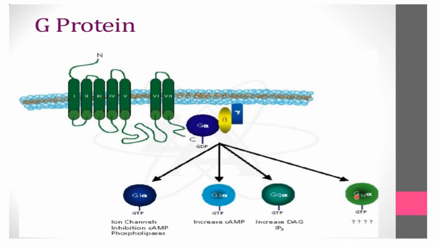There may be more G type proteins whose function is still unknown. In case of Gq alpha, it increases the diacylglycerol and IP3. Gs alpha increases the cyclic AMP, while Gi is the inhibitory action. It inhibits the ion channels and cyclic AMP phospholipases as well.